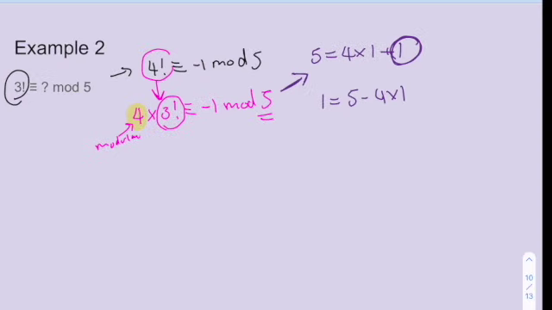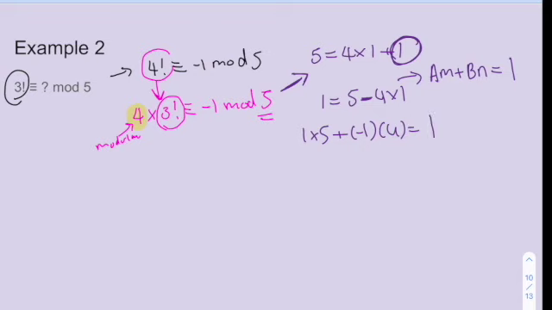Now we know that the format of this equation is actually am plus bn is equal to 1. So let's put the negative 1 inside a bracket. So let's write this as 1 times 5 plus negative 1 times 4 is equal to 1.